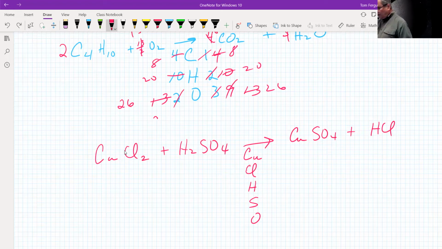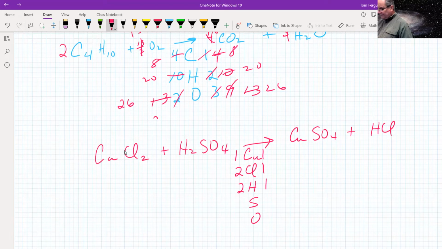So we have 1 and 1 on the copper, 2 and 1 on the chlorine. Hydrogen is 2 and 1. Sulfur is 1 and 1. Oxygen is 4 and 4. So it's not balanced because the numbers aren't equal.